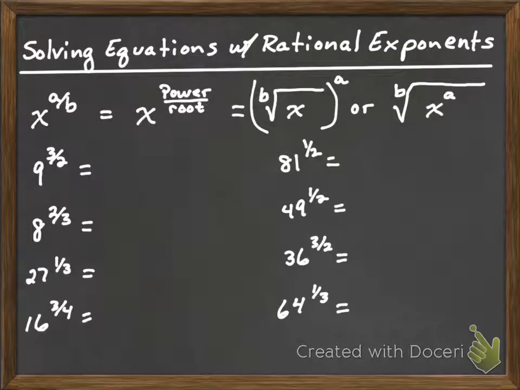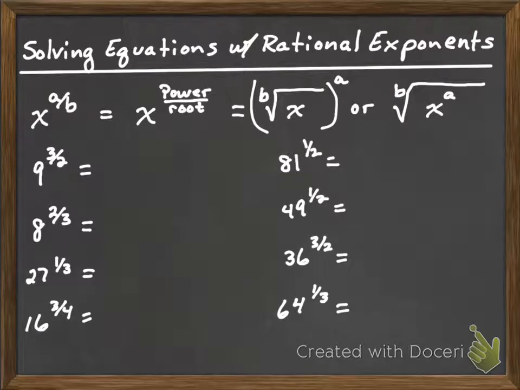Now, there are 2 ways of being able to write these answers. You can either take the b root, which is your denominator, your b root of x, and then find that answer and raise it to the a power, or you can take x, raise it to the a power, and then find the b root of that.